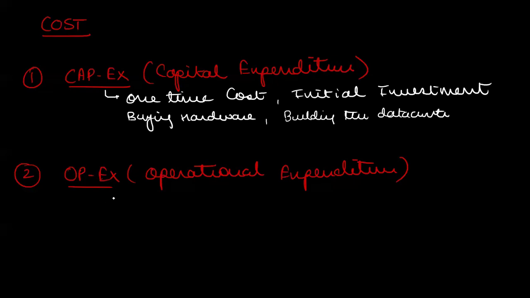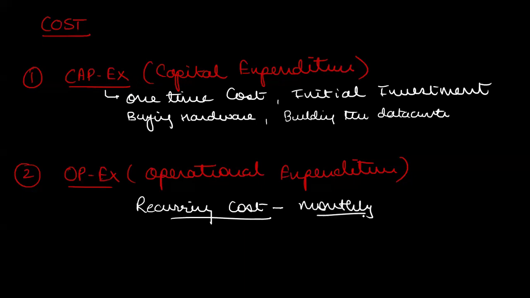Operational cost or the operational expenditure is the recurring cost, mostly monthly. Can you give me examples of recurring costs in a data center? Can you all give me a few examples? Cost of running the machine like CPU.